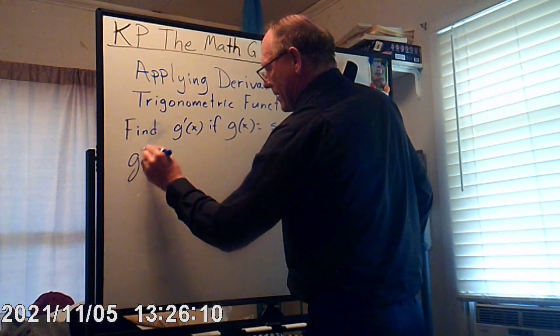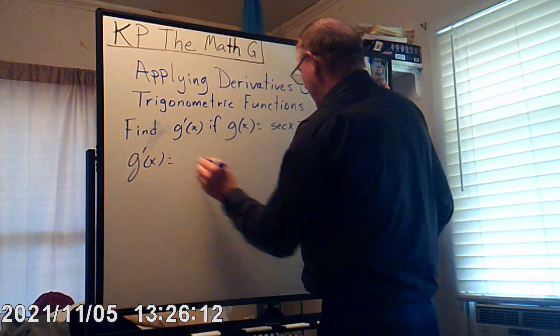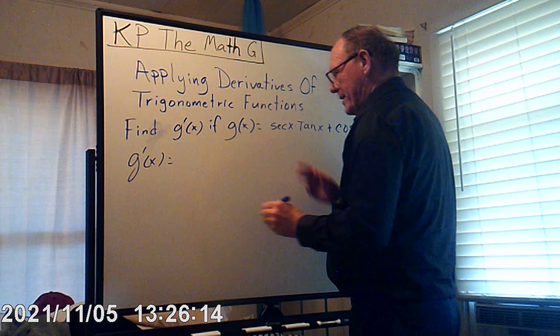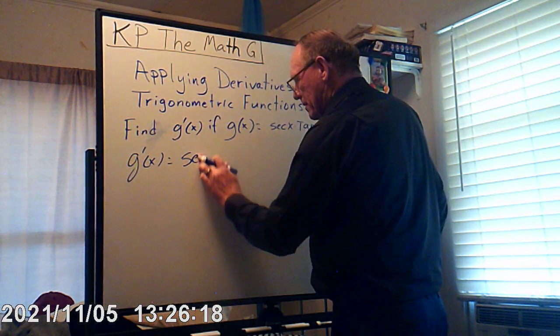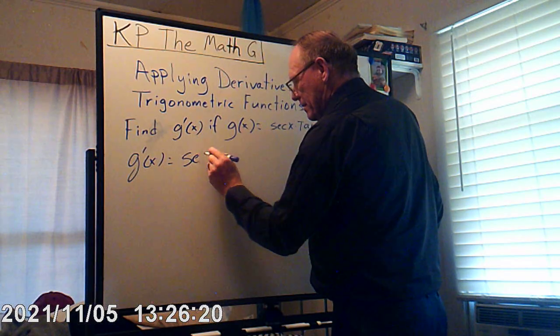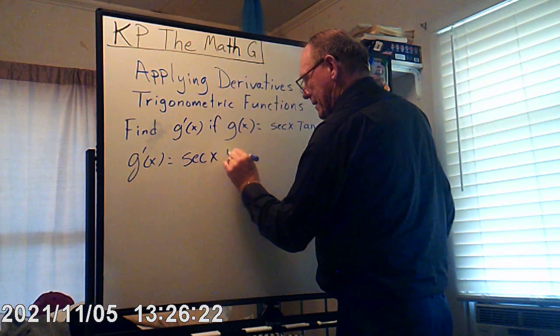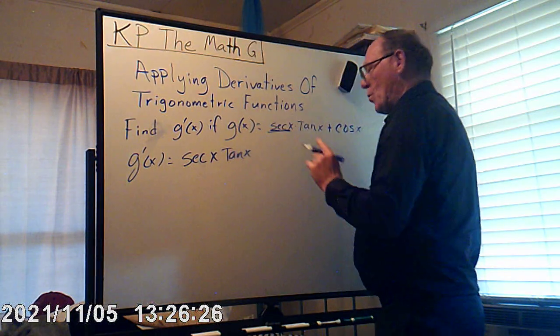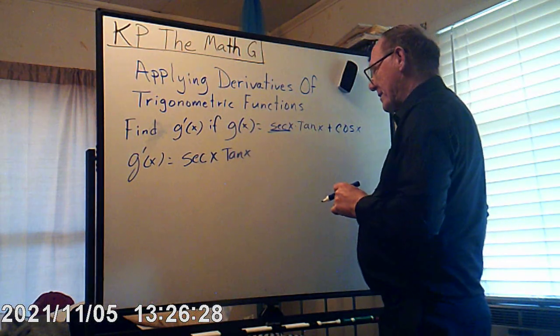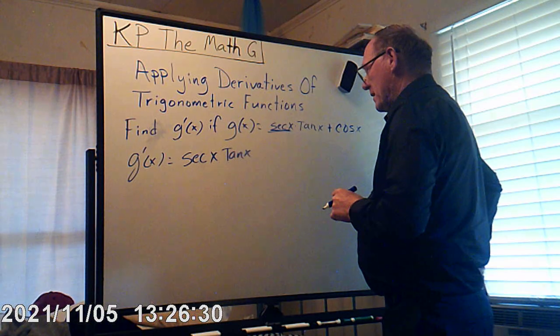G prime at X, then, the derivative of secant is secant tangent. So secant X, tangent X. That's this derivative here. Oh, that's a product rule, isn't it?